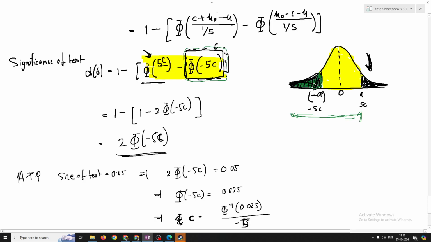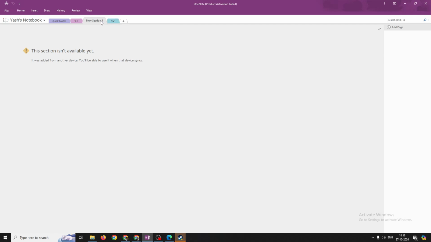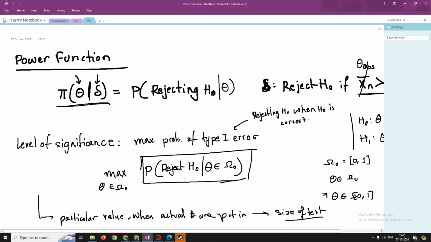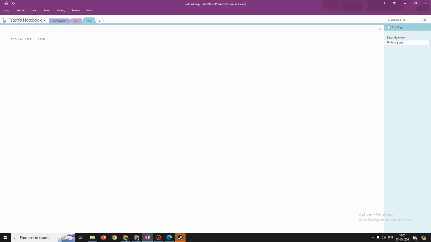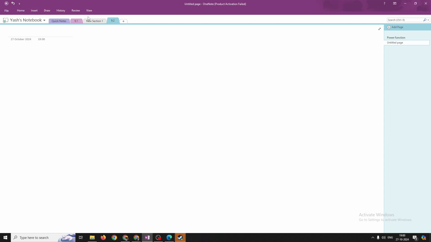Anyway, in 9.2 what it basically says is, point 1, we can't minimize type 1 and type 2 error simultaneously.